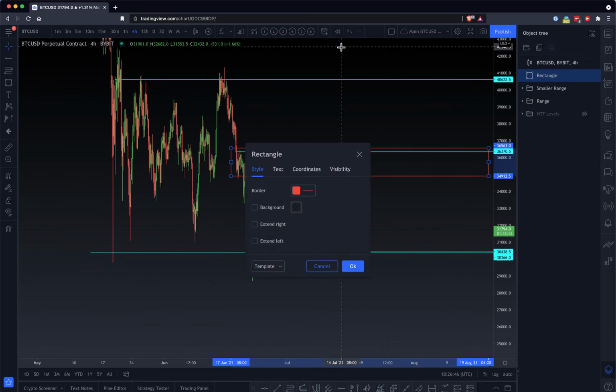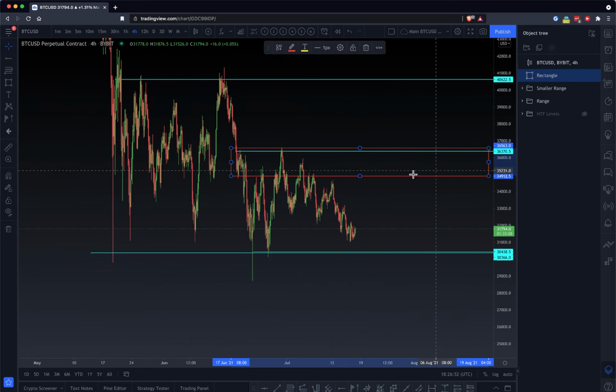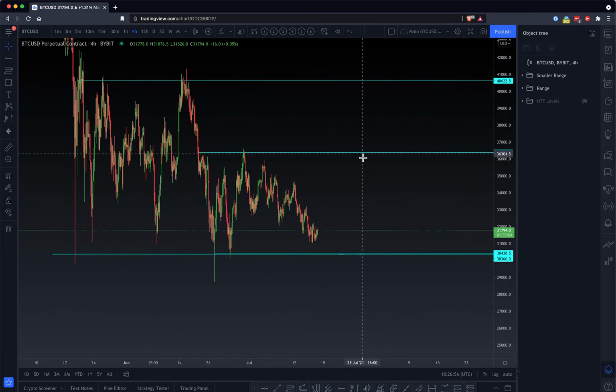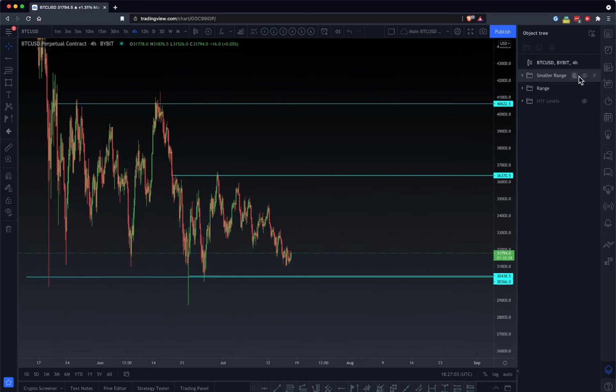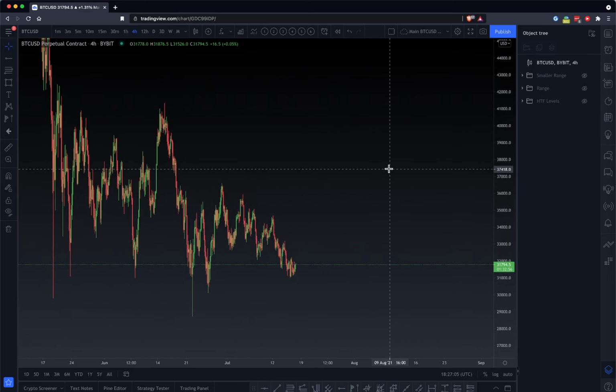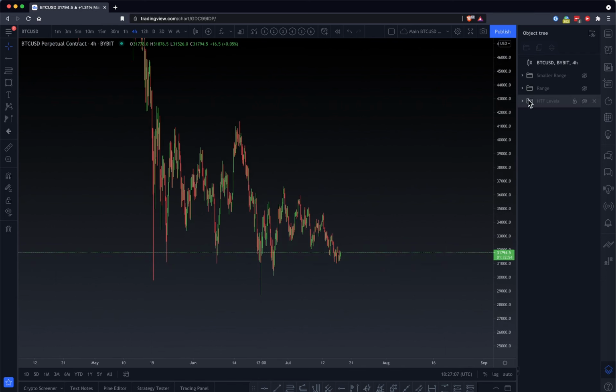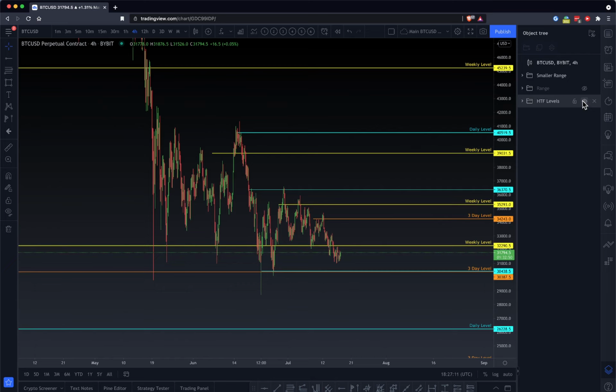So this is like a big resistance. This is a big resistance range. So unless we can break it, I don't really see anything bullish here. So many resistance.